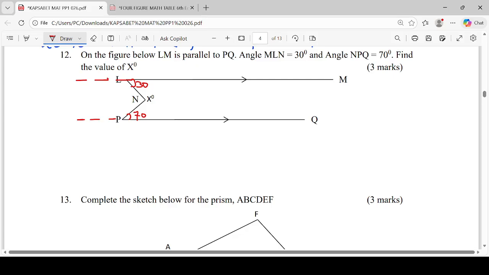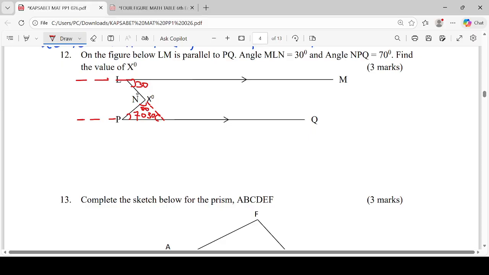Allow, maybe even before I proceed much, I extend this diagonal this way. Once I extend, if this angle here is 30, this angle also here is 30. And if this is 70 and this is 30, then this one here will be 70 plus 30, which is 100. You subtract from 180, this will be 80.